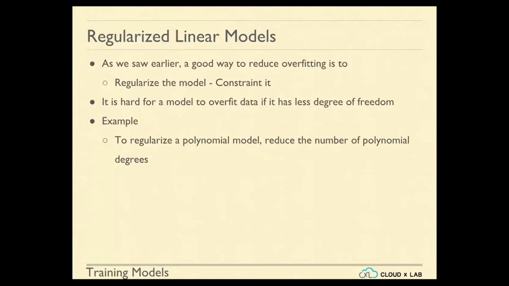We constrain the model by reducing its degree of freedom. For example, to regularize a polynomial model, reduce the number of polynomial degrees. When we have fewer polynomial degrees, there are fewer thetas and hence less freedom, and therefore we are constraining the model.